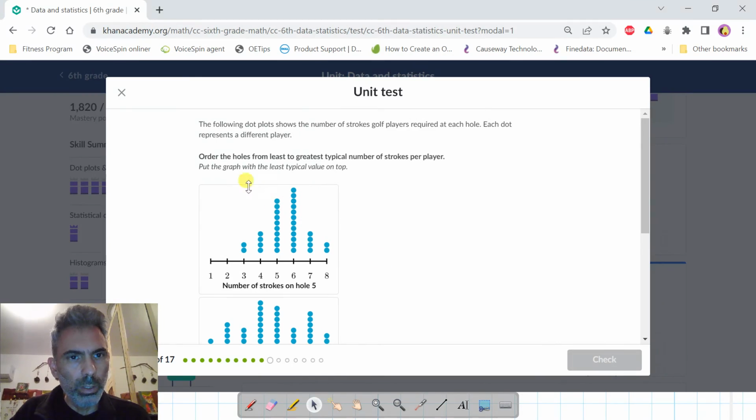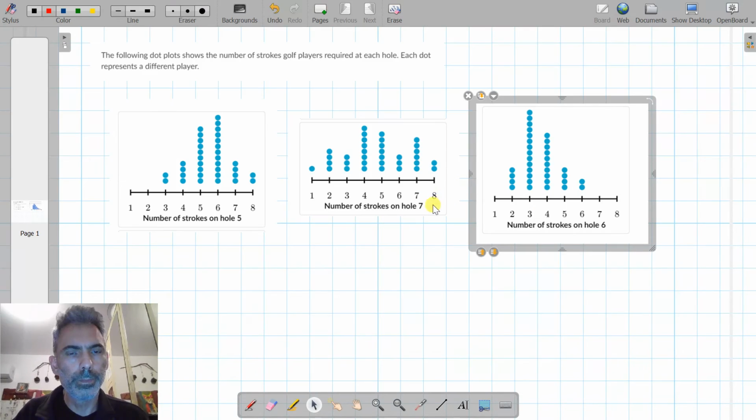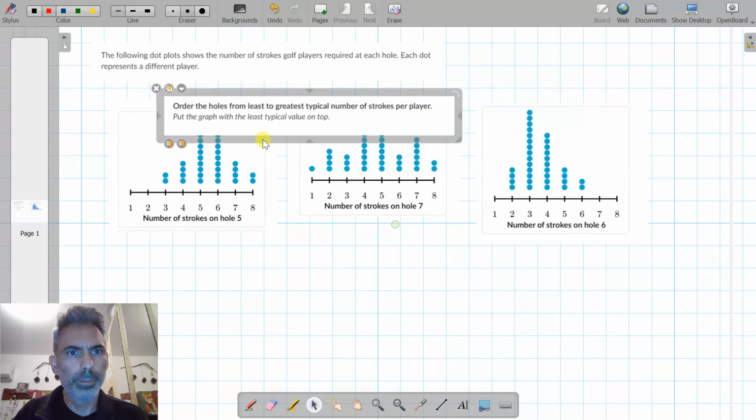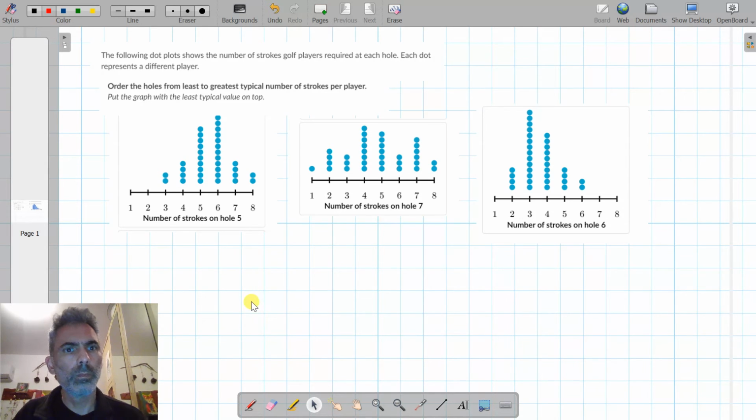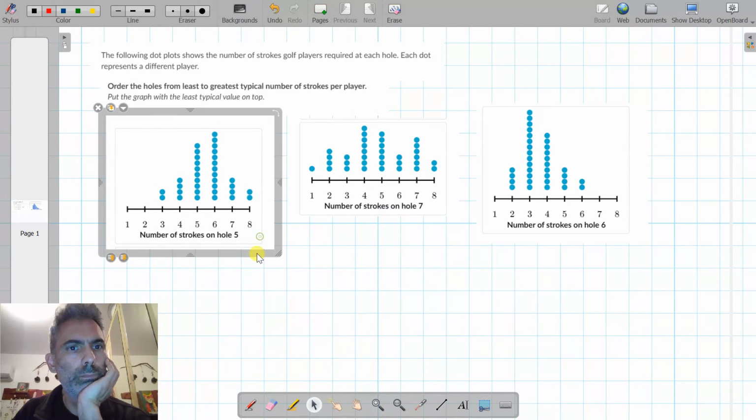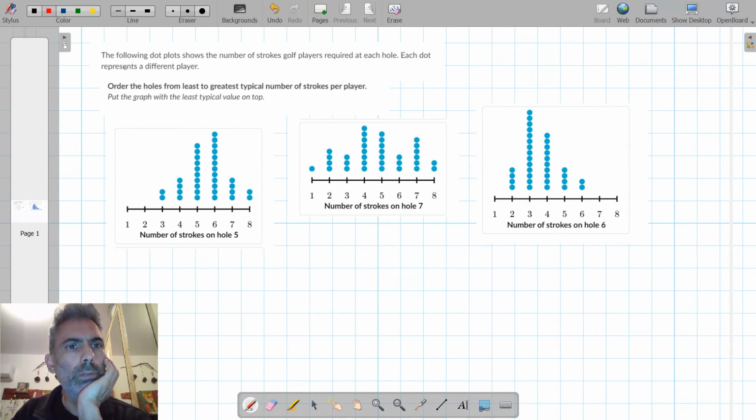Okay, what do we need to do here? The following dot plot shows the number of strokes golf players required at each hole.